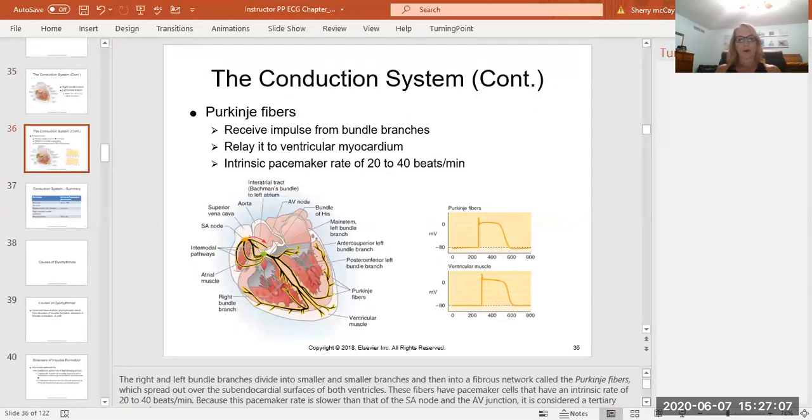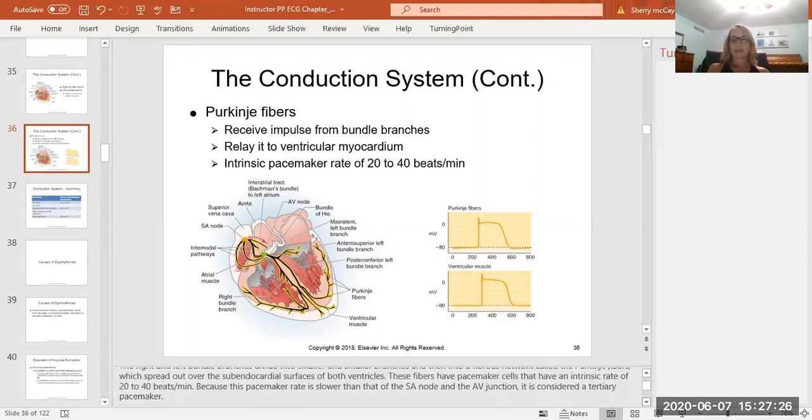These spread out over the subendocardial surfaces of both ventricles. These fibers have pacemaker cells that have an intrinsic rate of 20 to 40 beats per minute. Because this pacemaker rate is slower than that of the SA node and the AV junction, it is considered a tertiary pacemaker. Okay.